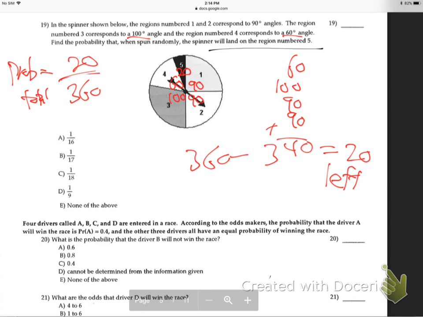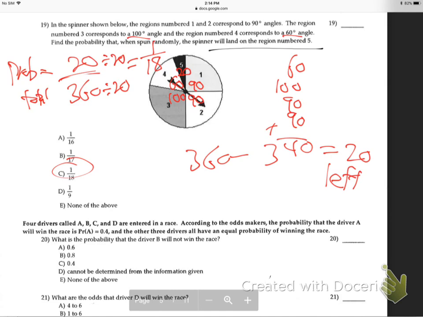That's the portion angle 5 occupies, right? Reduce that fraction. Divide by 20, top and bottom. Get 1 over 18. 1/18 is the chance you're going to end up on region number 5. Questions on that one?